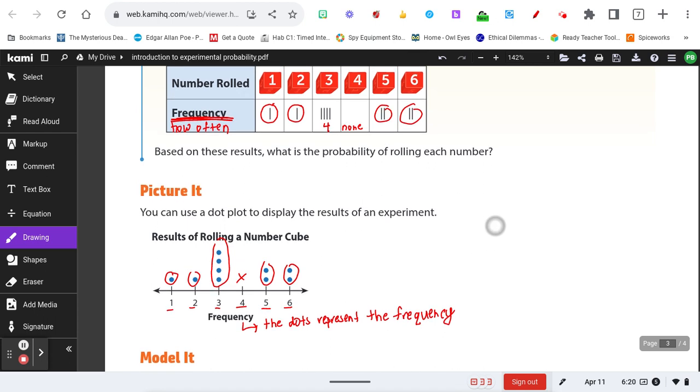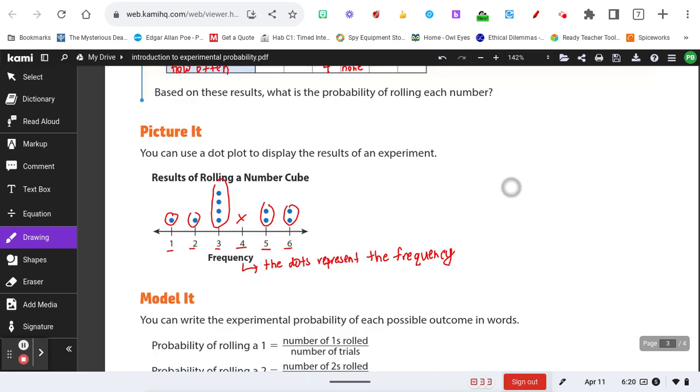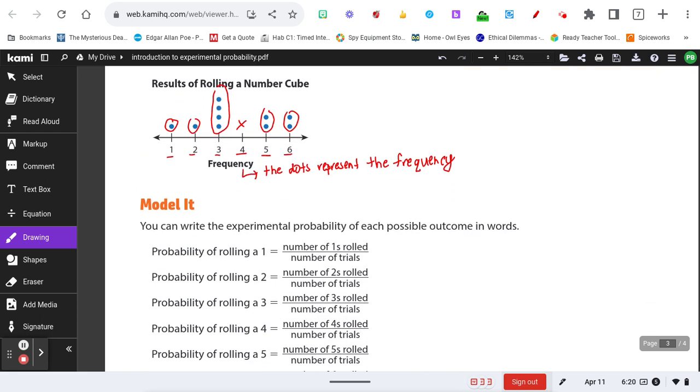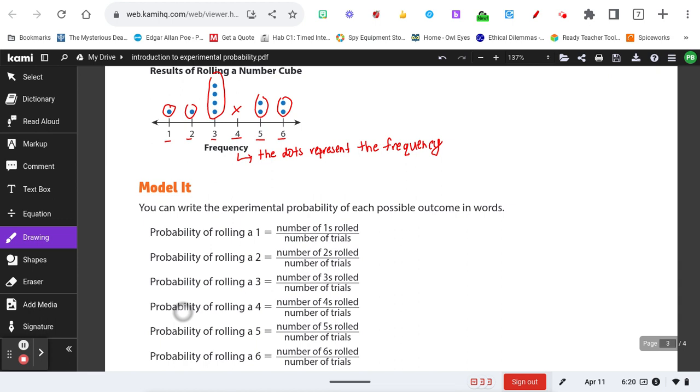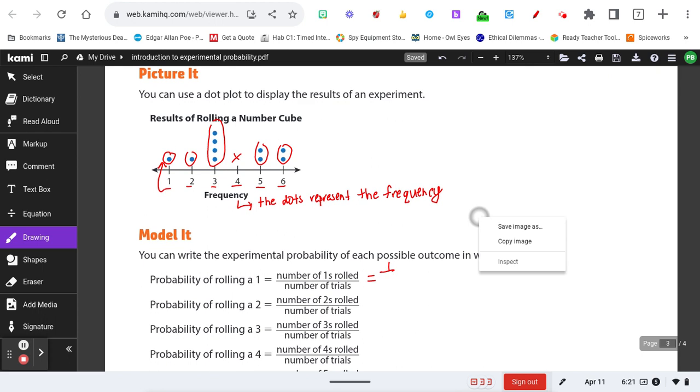If you want the probability of each one, I'm going to use this dot plot. The probability of rolling a 1: how many ones were rolled? It was only one roll out of how many? What you want to do is figure out how many trials you had.